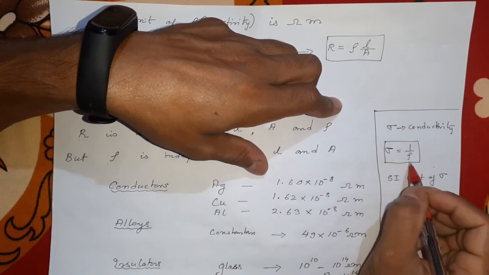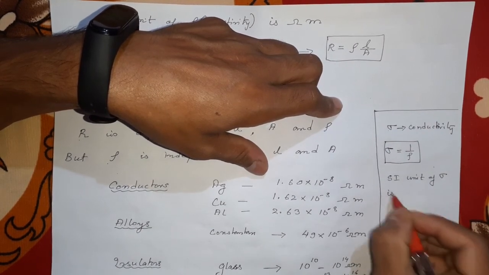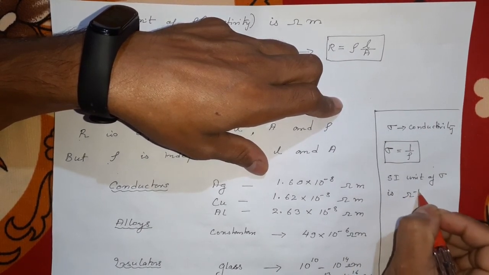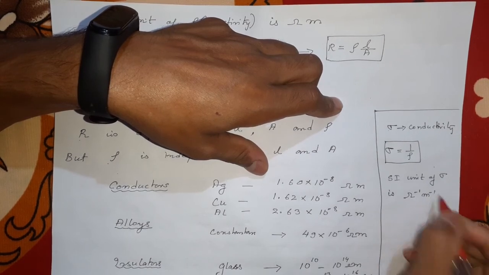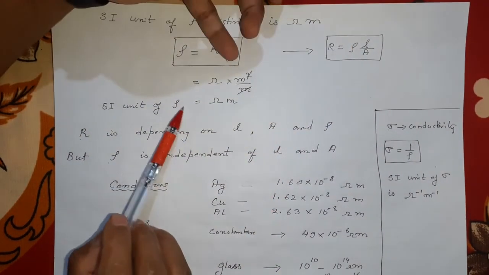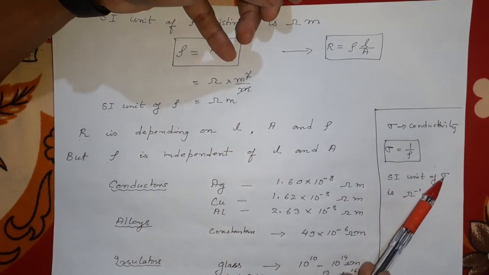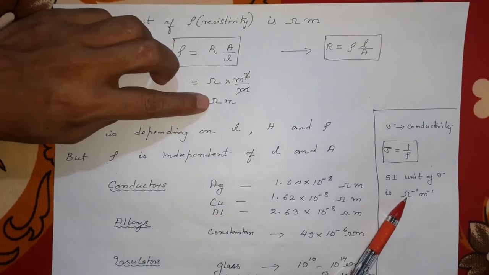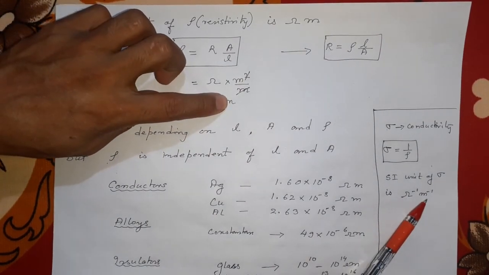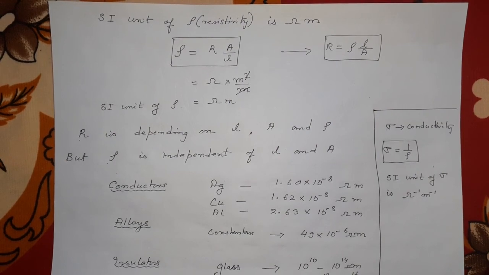Conductivity is 1 by resistivity, the inverse of resistivity. The SI unit of sigma is ohm inverse meter inverse, because the resistivity unit is ohm meter. So that is the opposite of your resistivity.